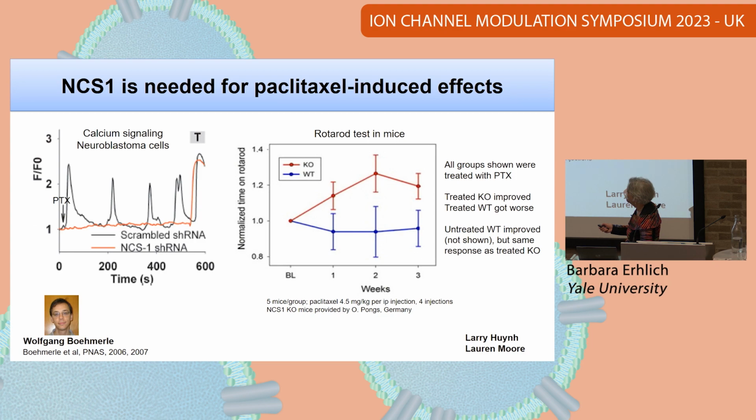If you have NCS1 knockout, or you remove NCS1, you do not get this effect. Here we added thapsigargin, which blocks the calcium ATPase, so it shows that there was calcium. You could have gotten calcium signaling, but without NCS1, there's no binding of paclitaxel. You don't get a dump of calcium.